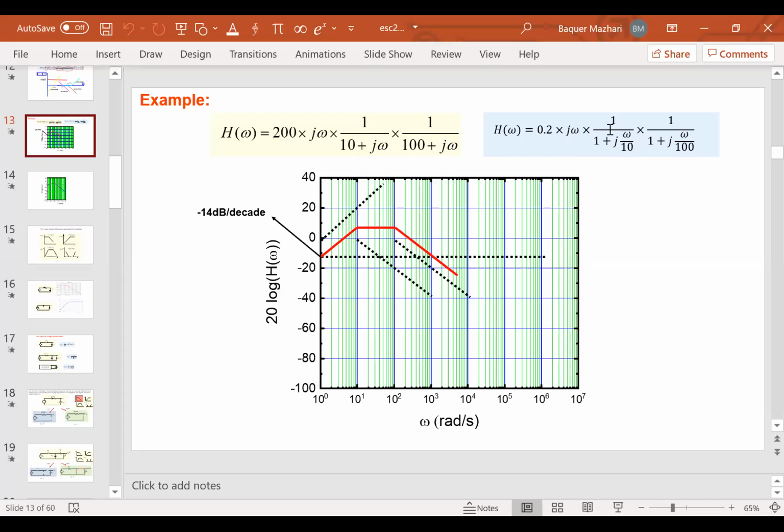They are canceling each other, second and the third term. Okay. And so you're left with only the last term. The last term is minus 20 dB per decade. Right? So don't forget the j omega and then 1 plus j omega by 10. All right.